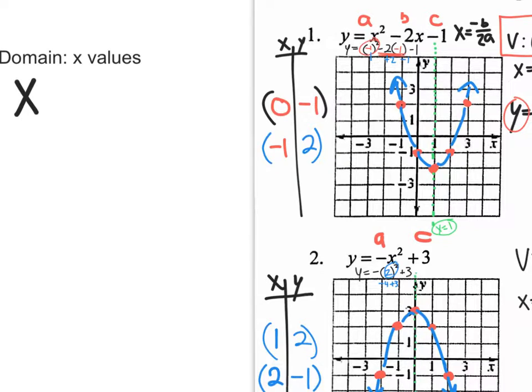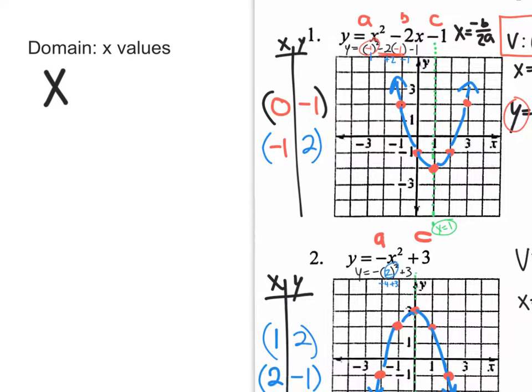And it does go to the left forever, right? It does exist at negative 5, but it's going to be way up there off this graph. But it does exist because it keeps going up and out forever. So my domain for this graph up here is going to be x equals all real numbers. Why? Because it goes to the left and to the right forever.